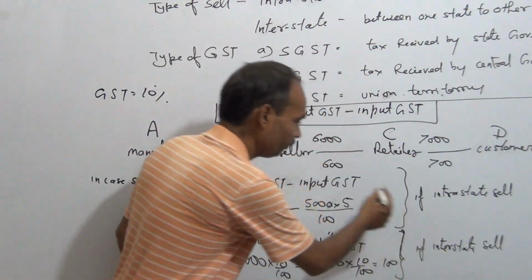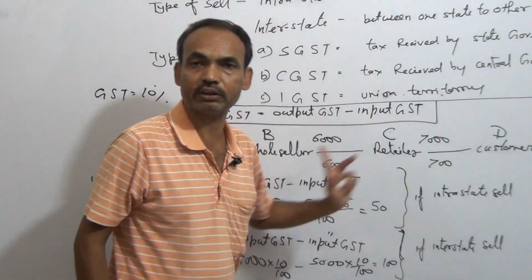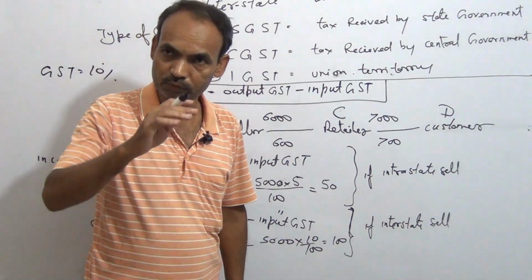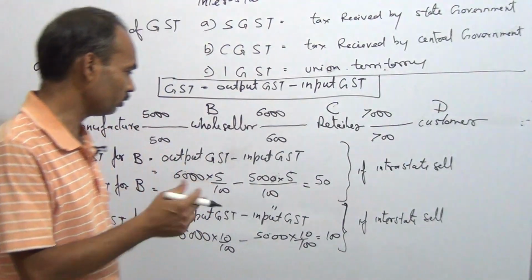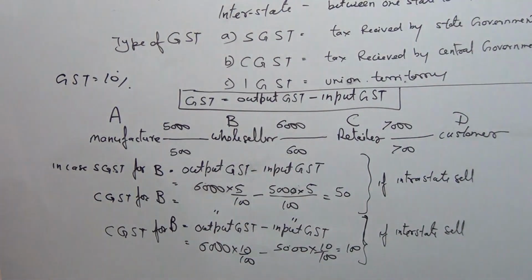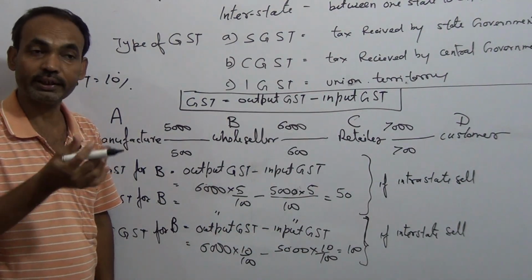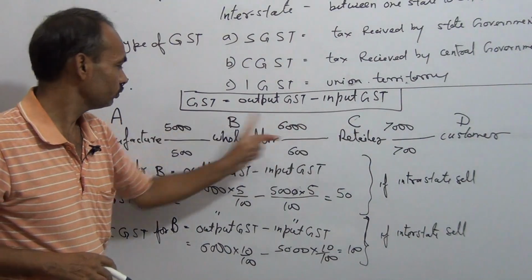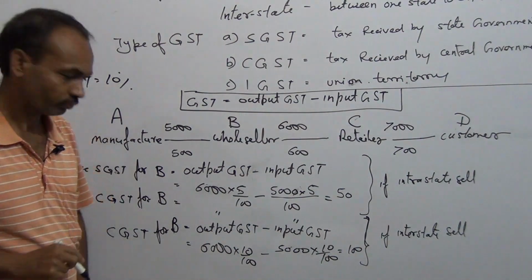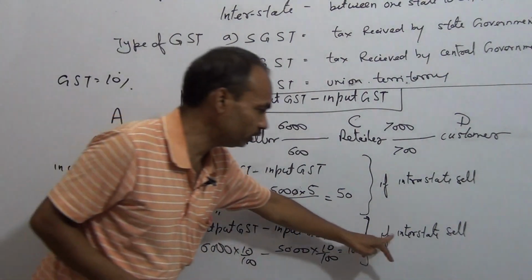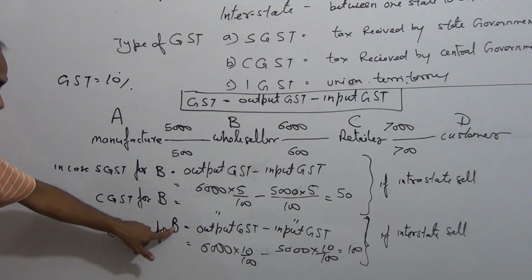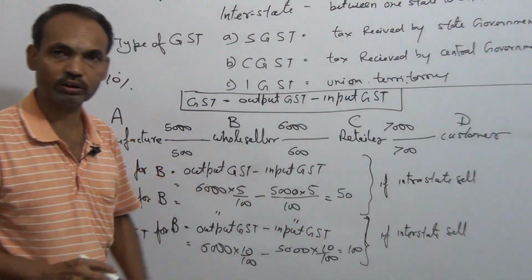Second case, if it is not intra-state, suppose it is an interstate sale between other states, then we do not use 5%, we calculate directly 10%, because all the GST collected by A, B, C or D goes directly to the central government. In case of interstate, CGST for B is output GST minus input GST.